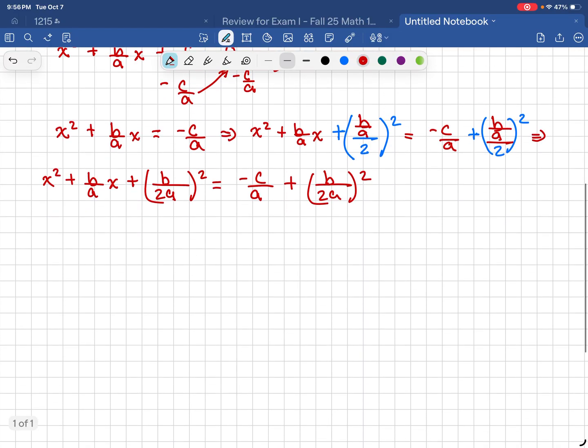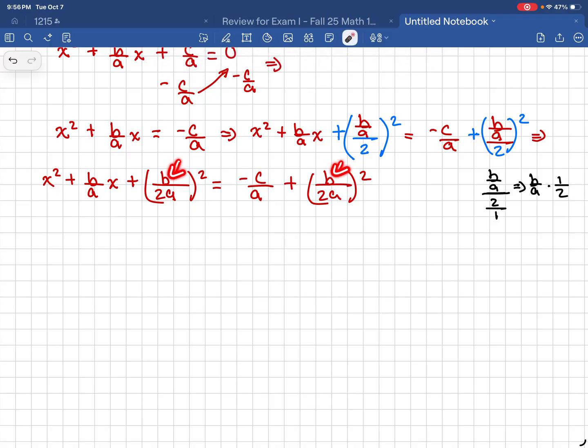The only thing I did here was b over a over 2 over 1. So I'm dividing a fraction by a fraction, and we use the reciprocal. So this becomes 1 over 2, so b times 1 is b, and 2 times a is 2a.